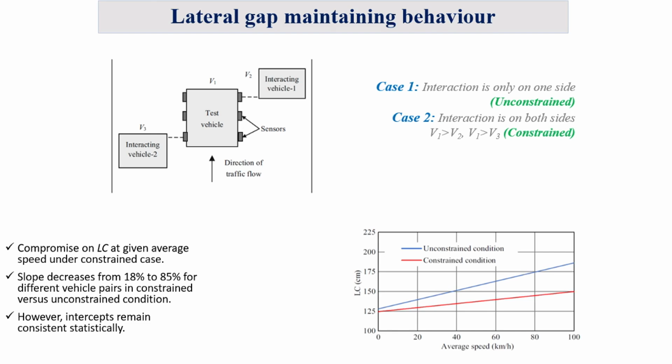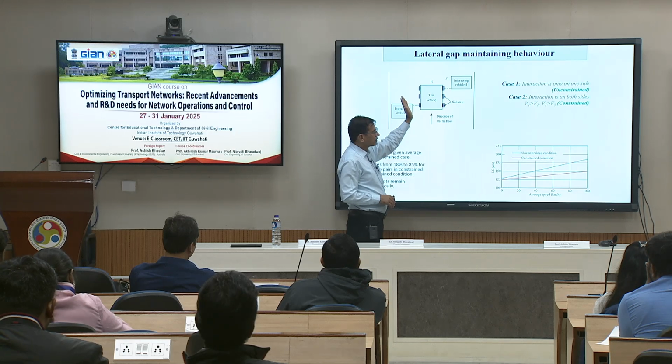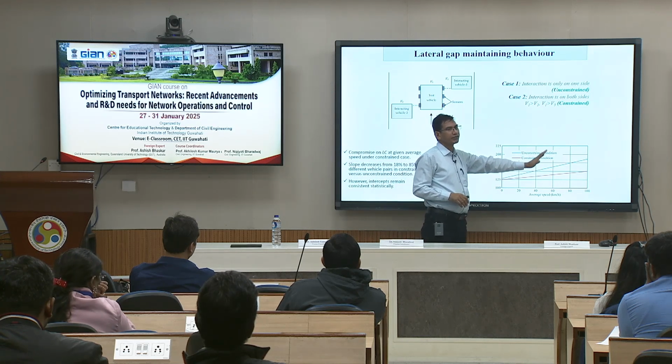Then we also studied a vehicle if it is constrained on either side, meaning both side vehicles are present, versus both side vehicles not being there, only one side vehicle being there. Then what kind of lateral clearance they maintain, whether there is any change in behavior. So there was a significant shift.